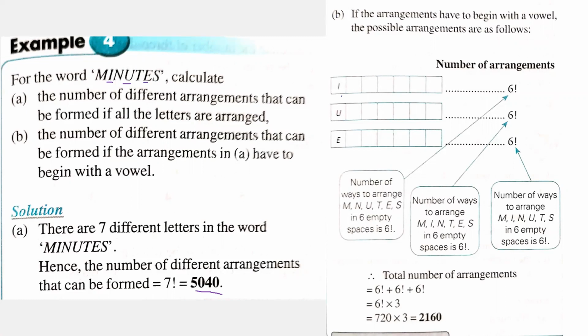Starting with I, I am left with MNUTES, 6 spaces. Starting with U, I am left with MINTES, also 6 spaces. Starting with E, I am left with MINUTS, 6 spaces. Then the total number of arrangements is 6 factorial plus 6 factorial plus 6 factorial, so it's 6 factorial times 3. 720 times 3 equals 2160.